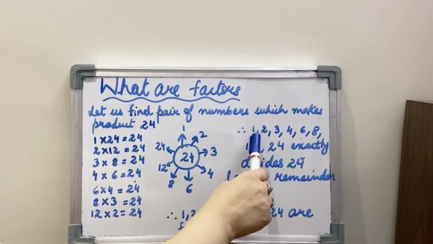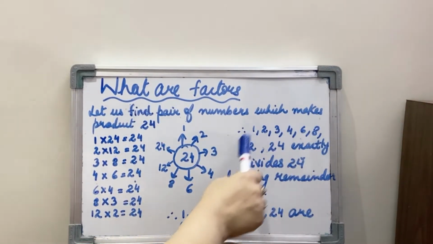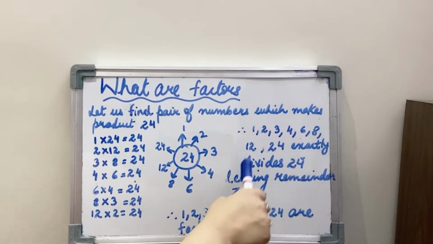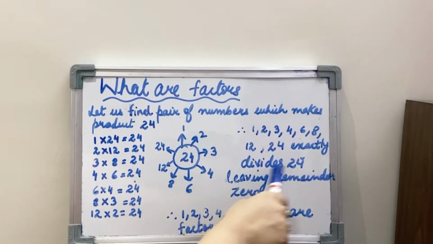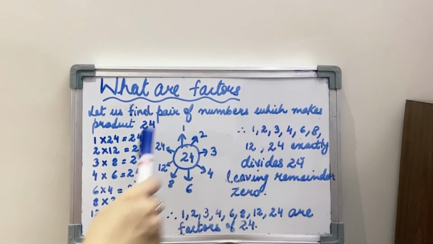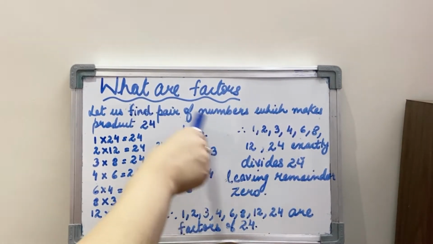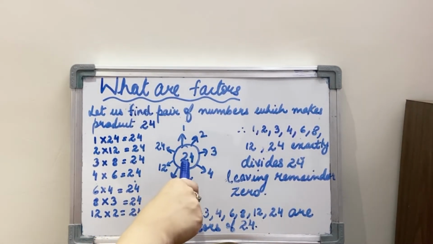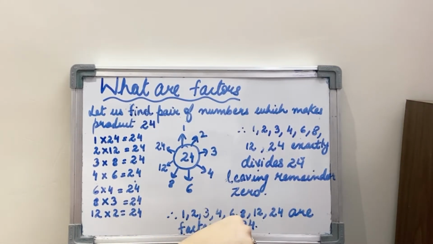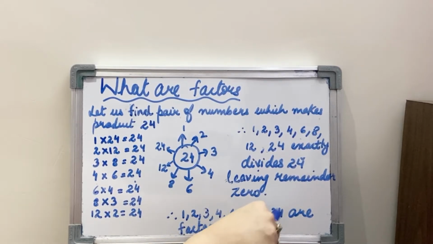Because 1, 2, 3, 4, 6, 8, 12, 24 exactly divide 24, leaving remainder 0. Therefore, when the remainder is 0, that means these are the factors of 24. 1, 2, 3, 4, 6, 8, 12, 24 are the factors of 24.